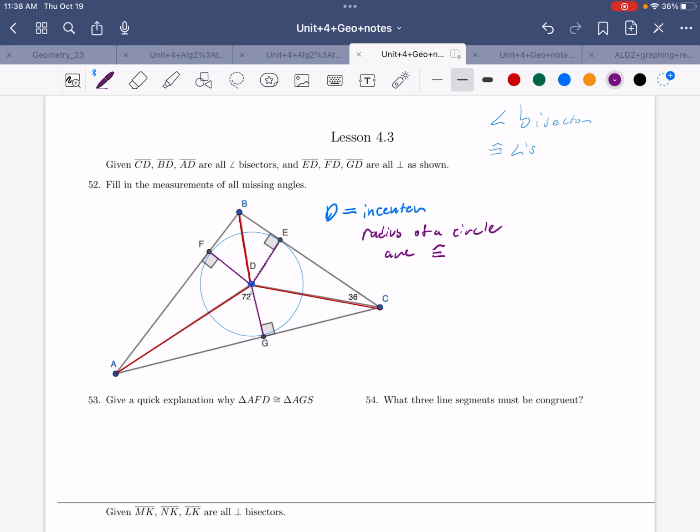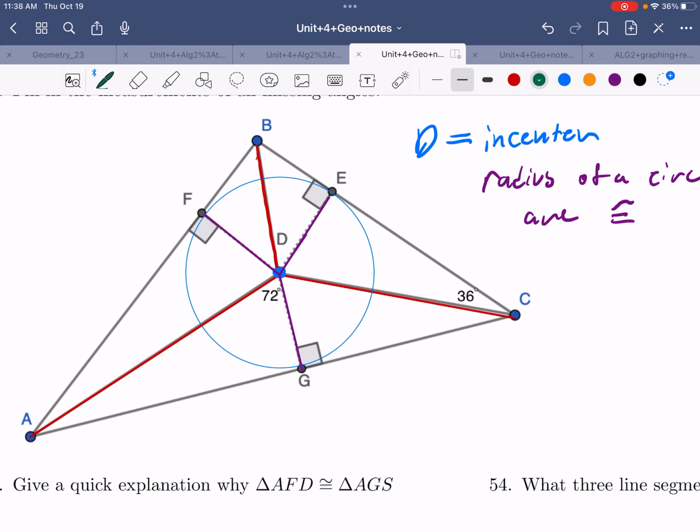Okay, so let's start working around here. Fill in the measurements of all missing angles. Okay, well, this actually happens to not be that difficult because these are all angle bisectors. So since they're angle bisectors, I'm going to zoom in here, this must be 36 degrees, right?